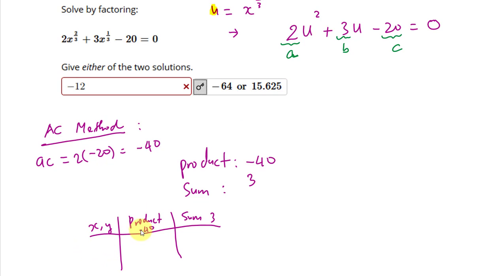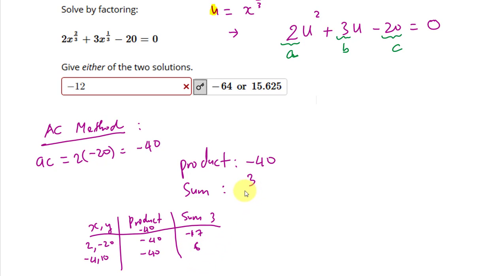Maybe minus 40 divided by 2, then I have 2 and negative 20, right? You multiply them, you get minus 40, but when you add them, you get minus 18, so that is not good. How about minus 4 and 10? Minus 4 times 10 is minus 40, but when you add them together, that is 6.